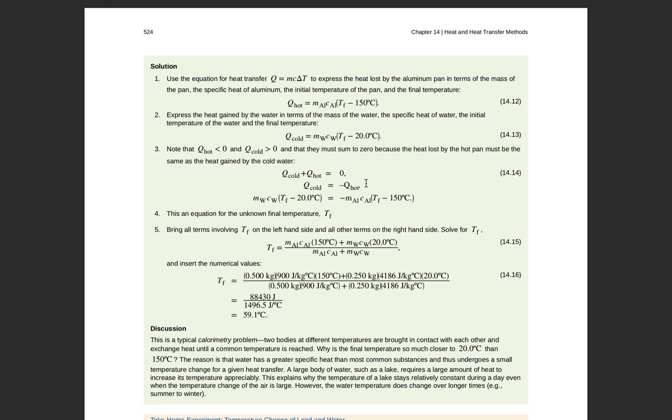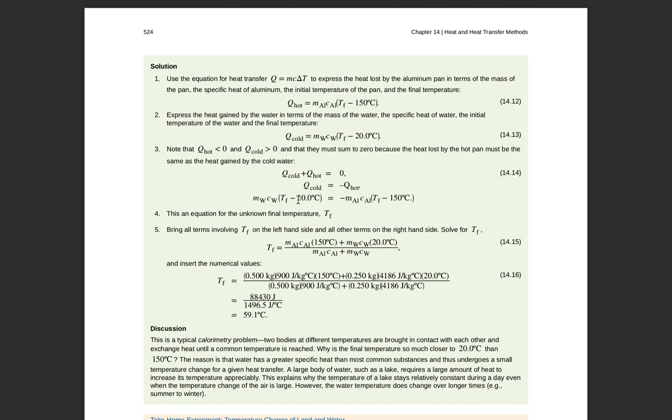But we know that they should also equal each other, even though we're going to lose heat on the aluminum pan. So we're able to equal each other out. So we have the water over here, and we have the aluminum over here. So now we can solve for TF.